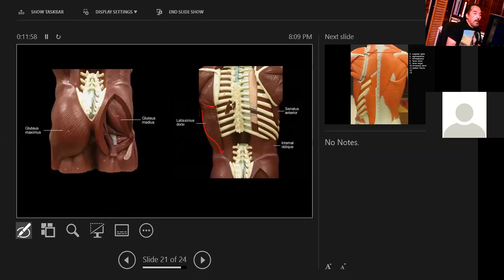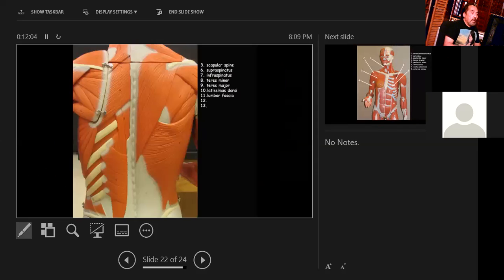Okay, again, this is going to be your rhomboid major, rhomboid minor. This is going to be your trapezius. And this is going to be your latissimus dorsi.